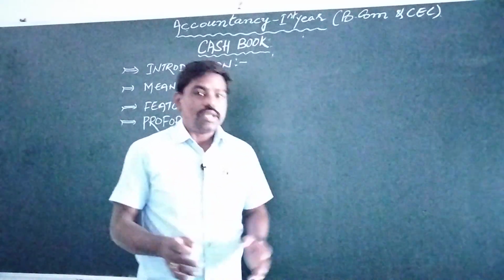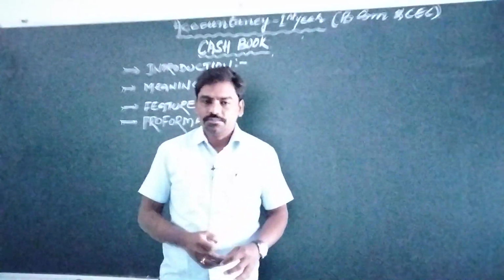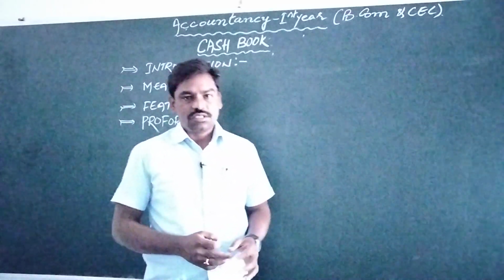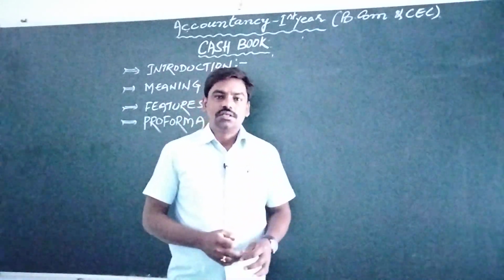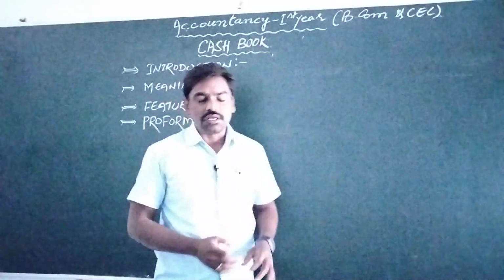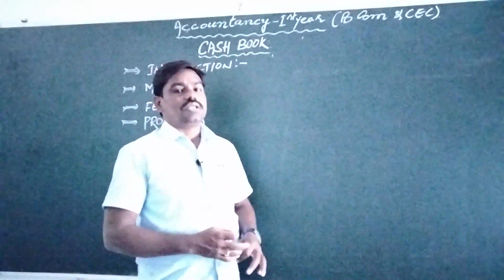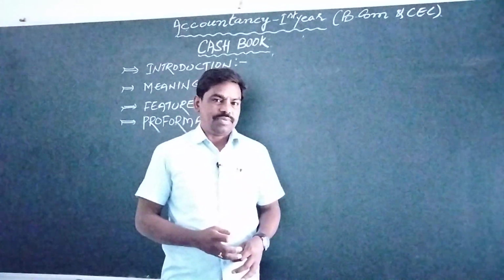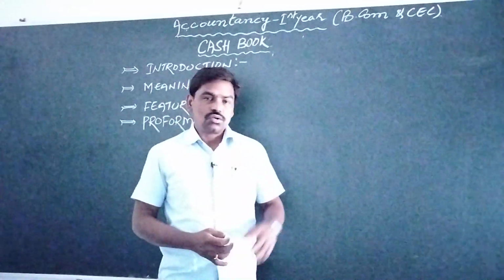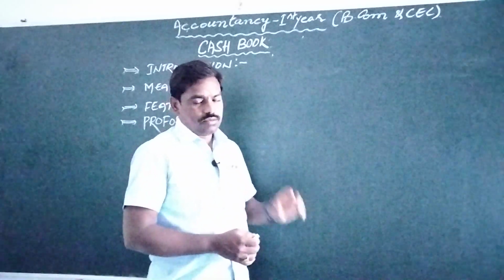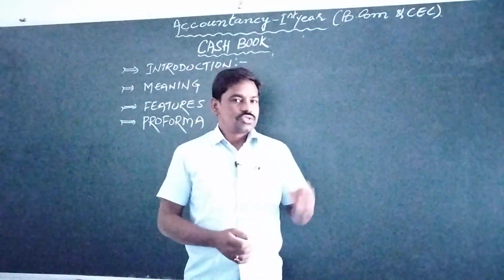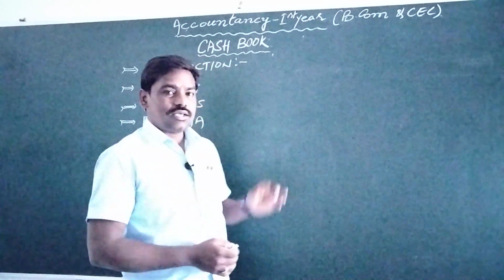There are a total of 8 subsidiary books, namely purchase book, sales book, purchase returns book, sales returns book, cash book, the 5th one, and 6th bills receivable book, 7th bills payable book, and 8th journal proper. There are a total of 8 subsidiary books which are maintained by the business organization. So one of the subsidiary books is the cash book.